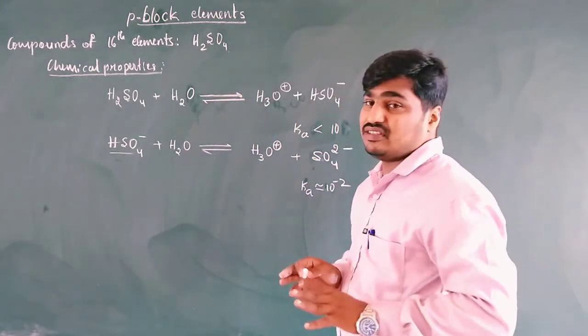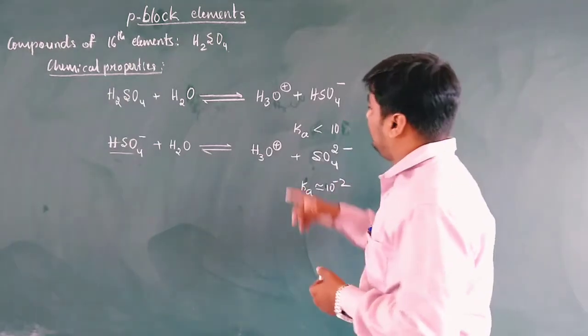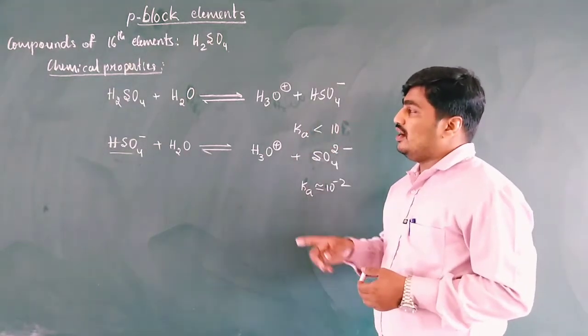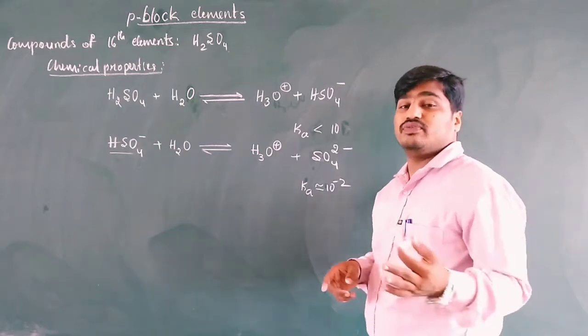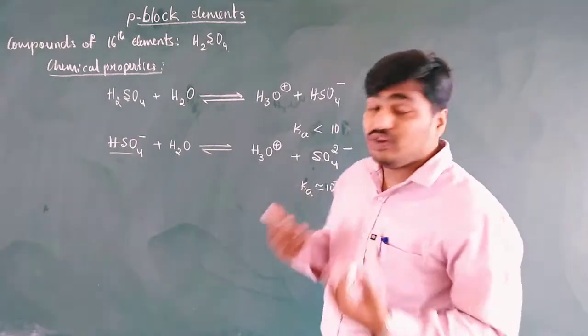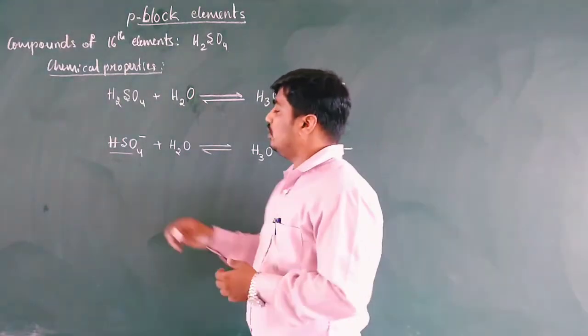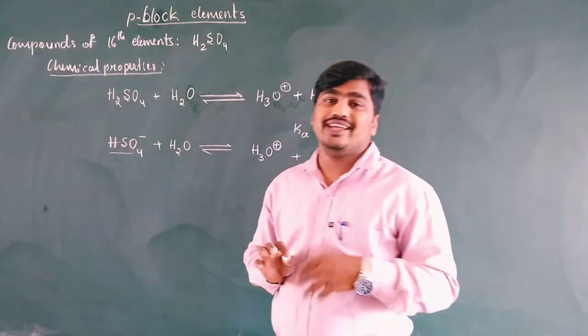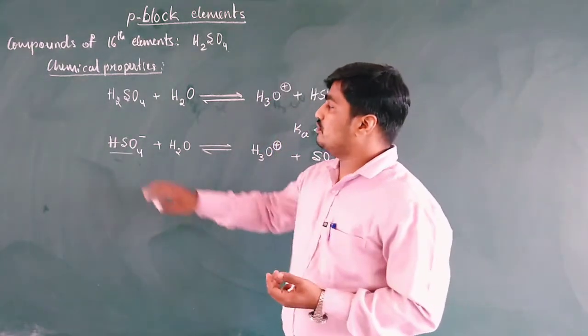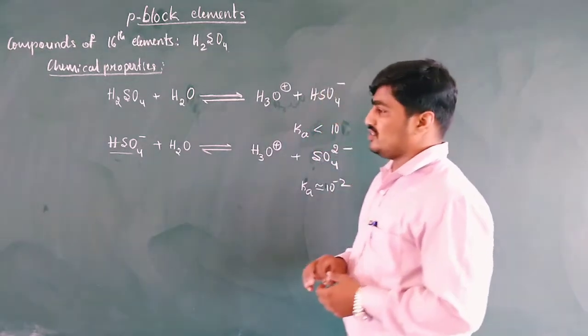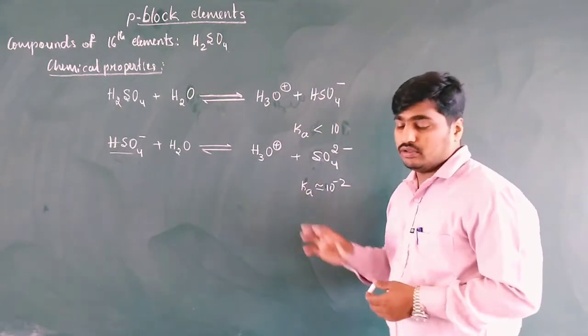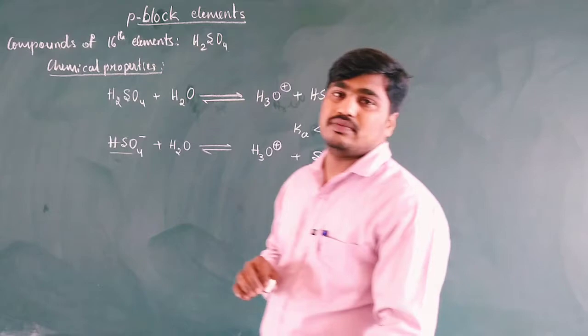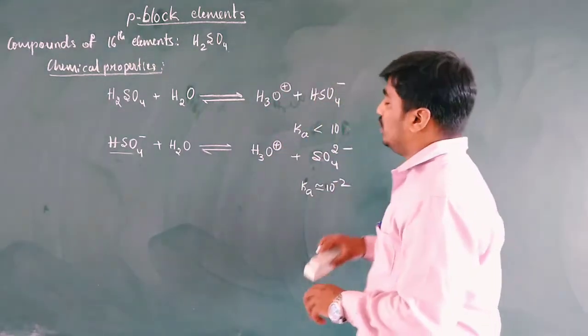So the first proton dissociating from H2SO4 has more tendency compared to the proton dissociated from HSO4 minus. So H2SO4 is a strong acid. This is the evidence. You should know the reaction for giving the justification of the acidic character of sulfuric acid.